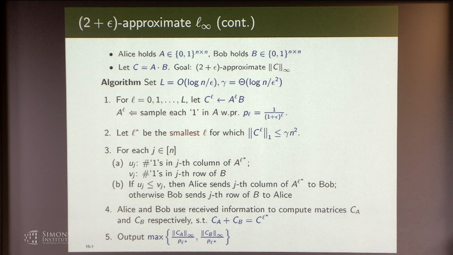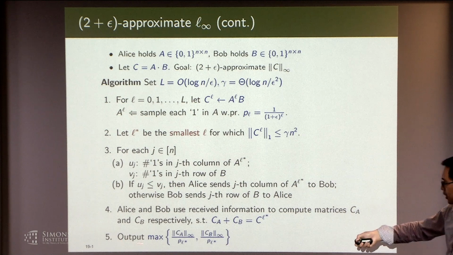After this exchange of rows and columns, they can compute two matrices CA and CB respectively, so that the sum of CA and CB is equal to C L star. Alice can compute the L infinity norm of CA, and Bob can compute the L infinity norm of CB. Then, after proper scaling, they return the max of these two. This costs one round. This is local computation. This costs 2 rounds because Alice also needs to know what L star is.